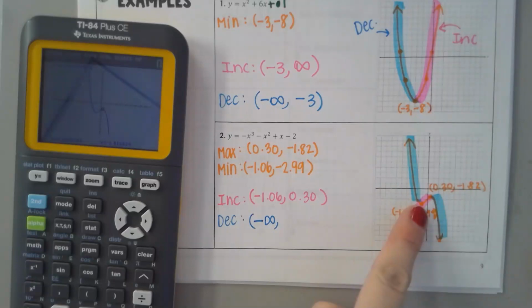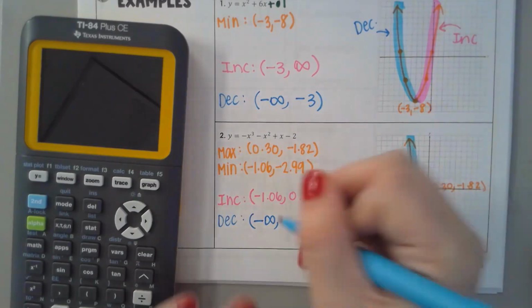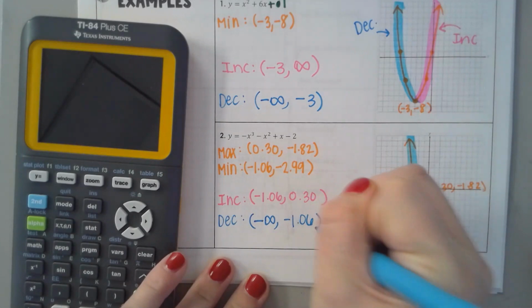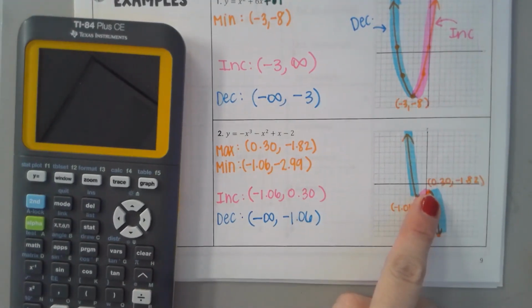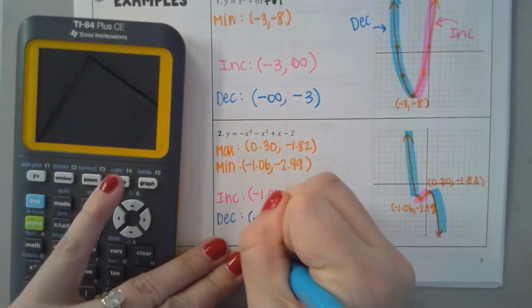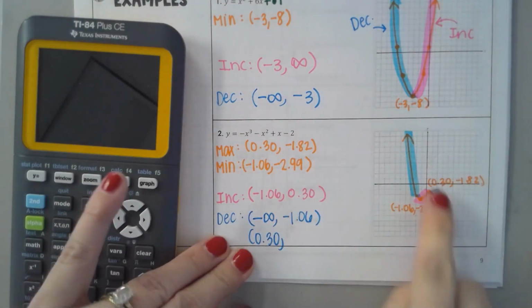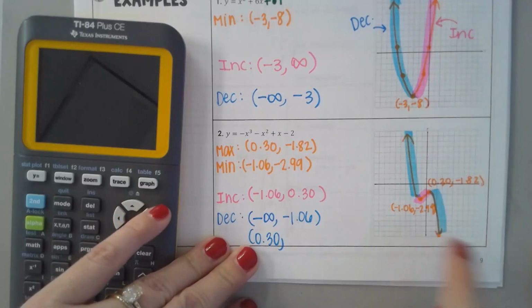And then I go down, and I'm down at this minimum. What is the x value at that minimum? Negative 1.06. Good. And then my other decreasing starts at that 0.3. And where does it stop? Infinity.